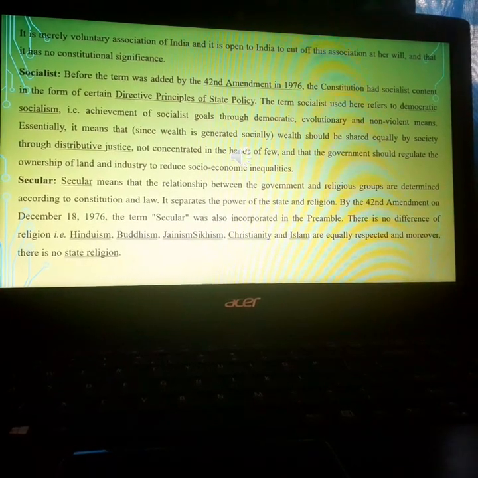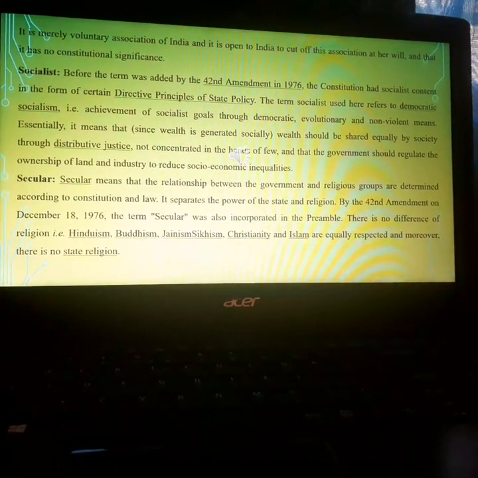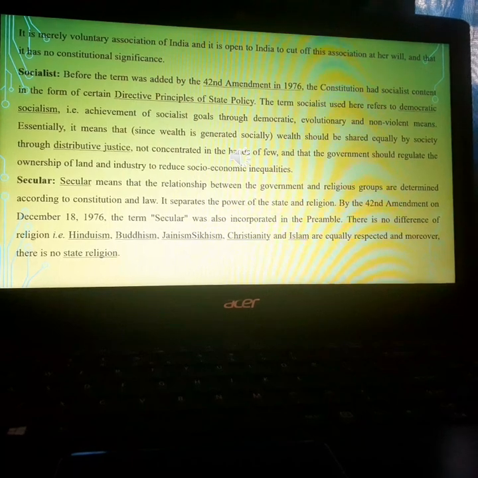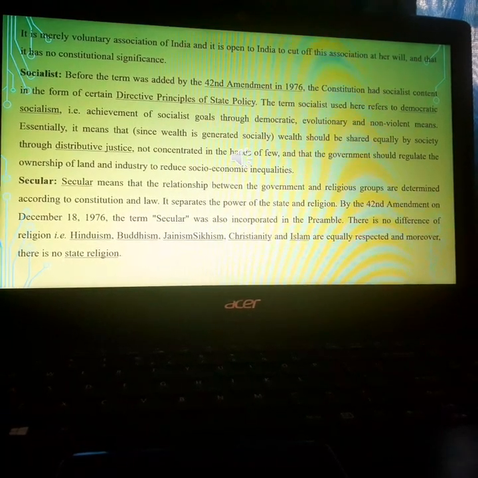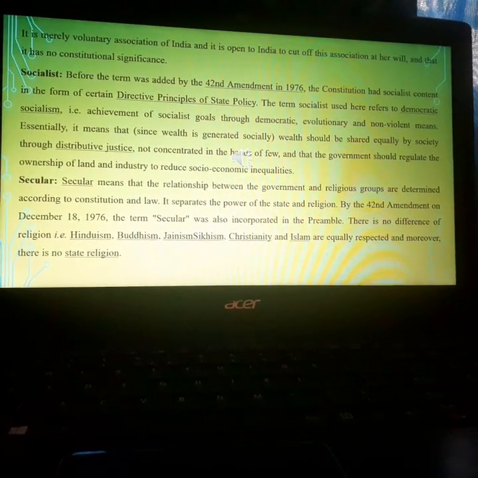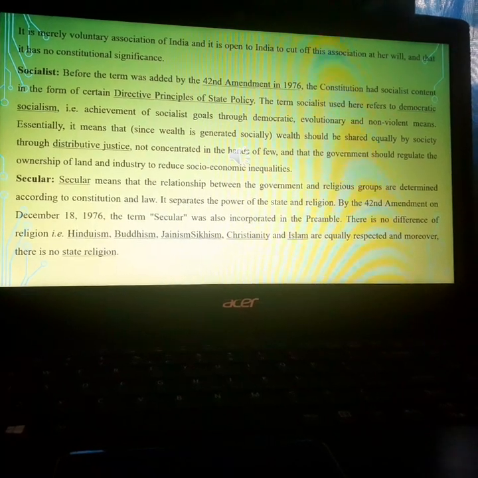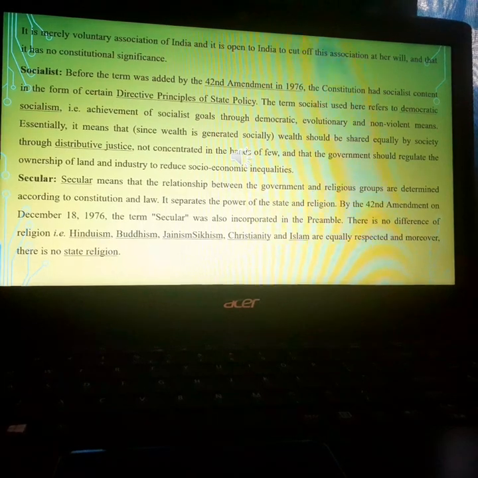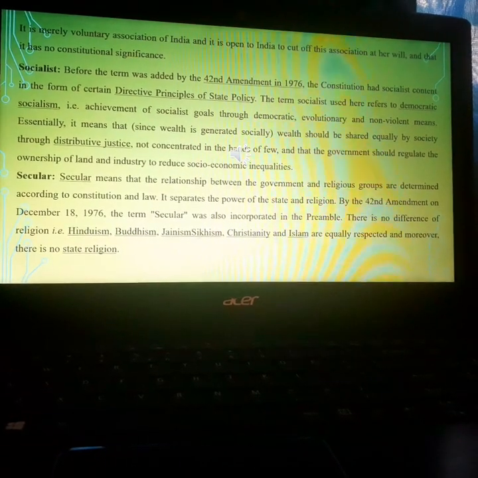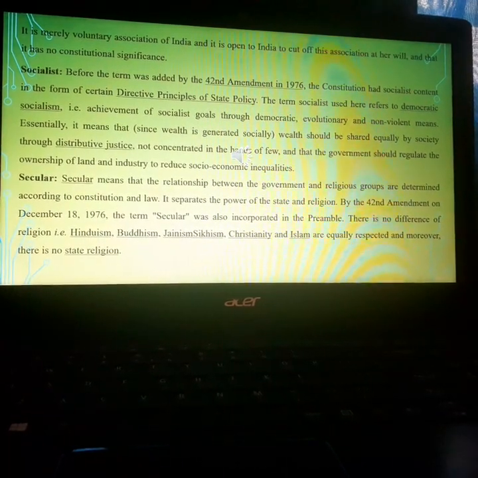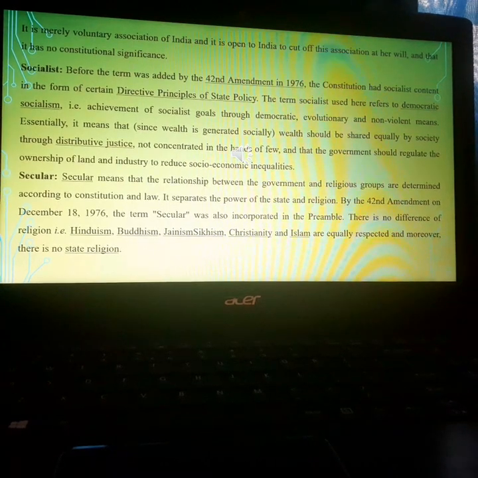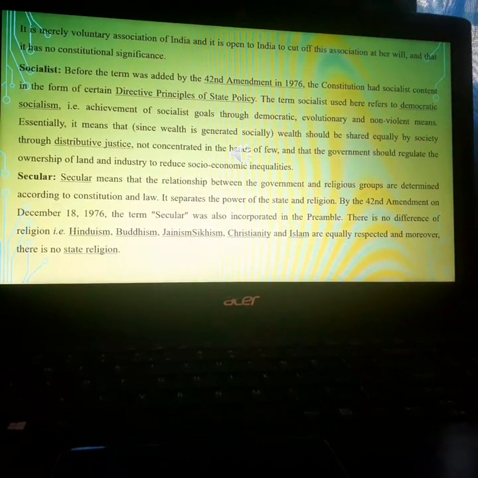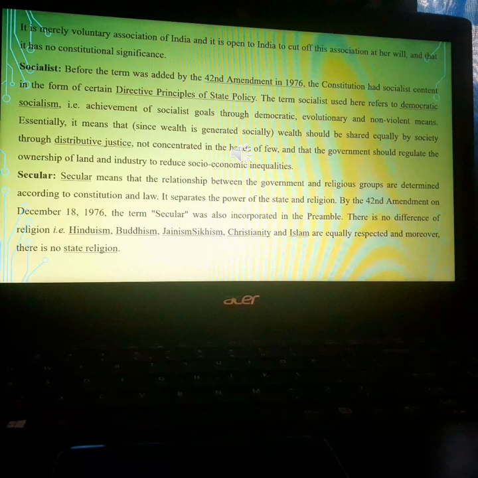Secular means that the relationship between the government and religious groups is determined according to the Constitution and the law. It separates the power of the state and religion. The term secular was incorporated in the preamble by the 42nd Amendment on December 18, 1976. There is no difference of religion.